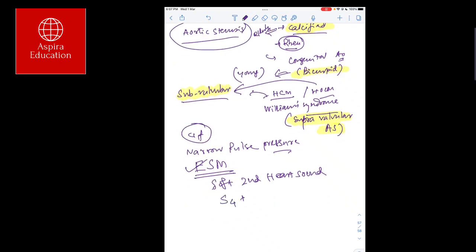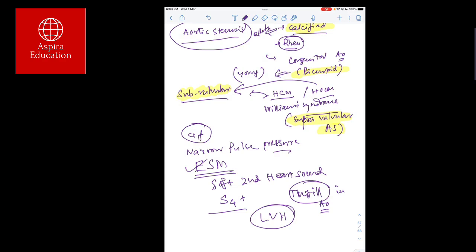You can occasionally find S4. There can also be a thrill, which is basically a palpable murmur. So a thrill in the aortic area when the condition is getting more and more severe, and definitely we can also get some LVH features, left ventricular hypertrophy, because the LVOT gradient is becoming high and the left ventricle has to push very strongly.